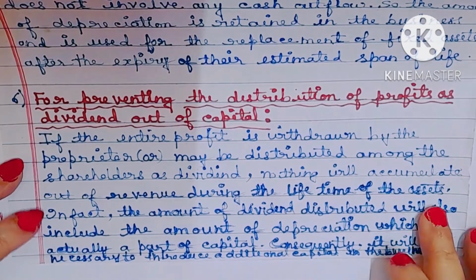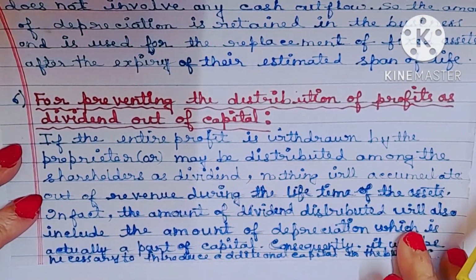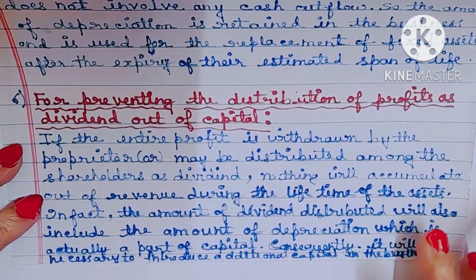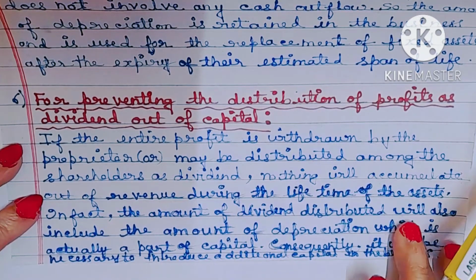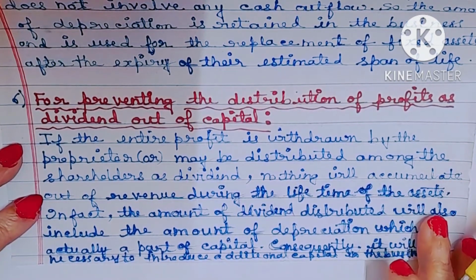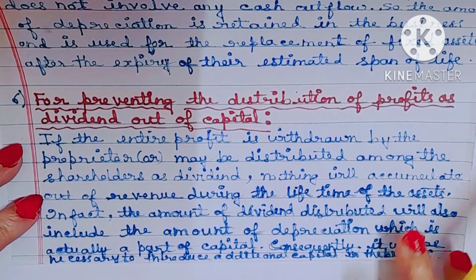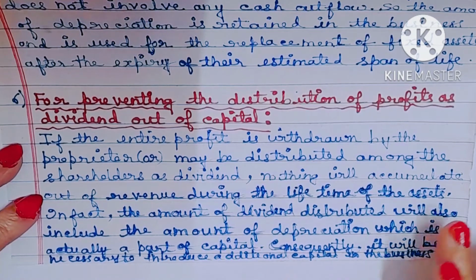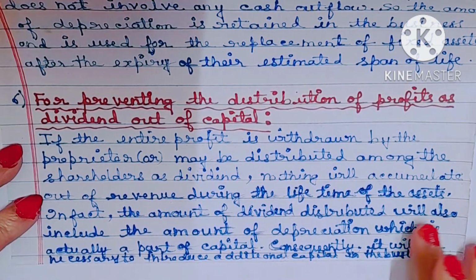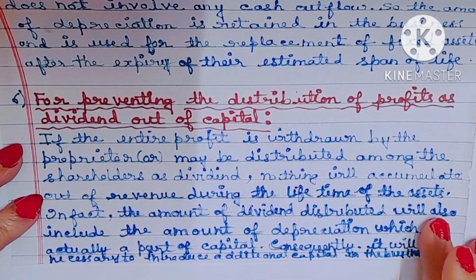If you don't charge depreciation, profit will increase and the proprietor will withdraw all the profits or may distribute the profits among the shareholders as dividends. But nothing is left in the business. So how will you replace assets? So you have to introduce additional capital in the business.